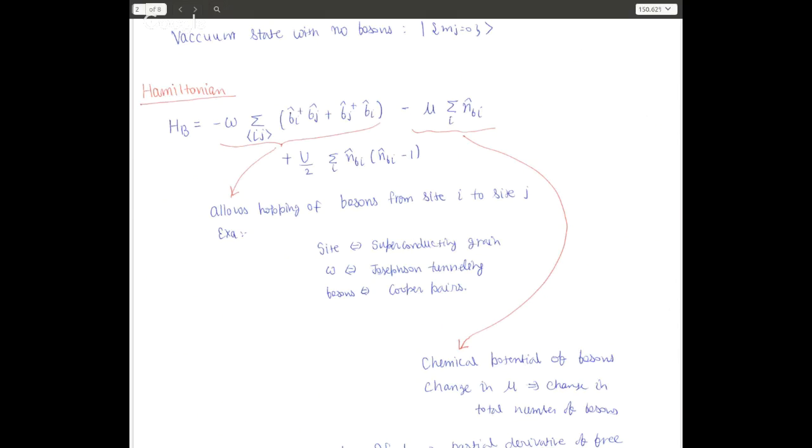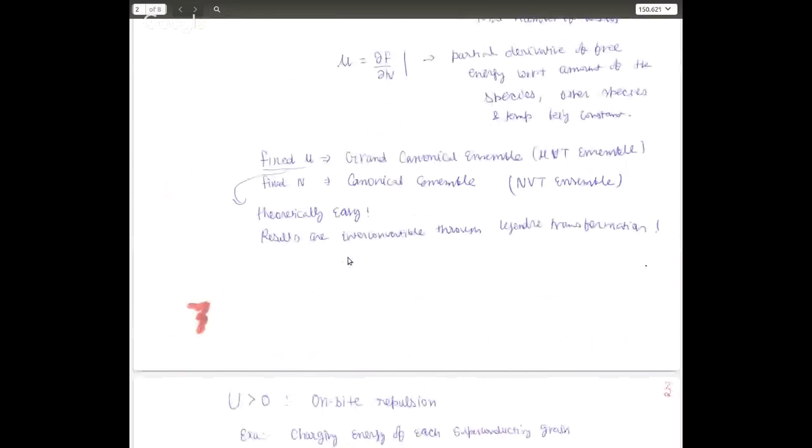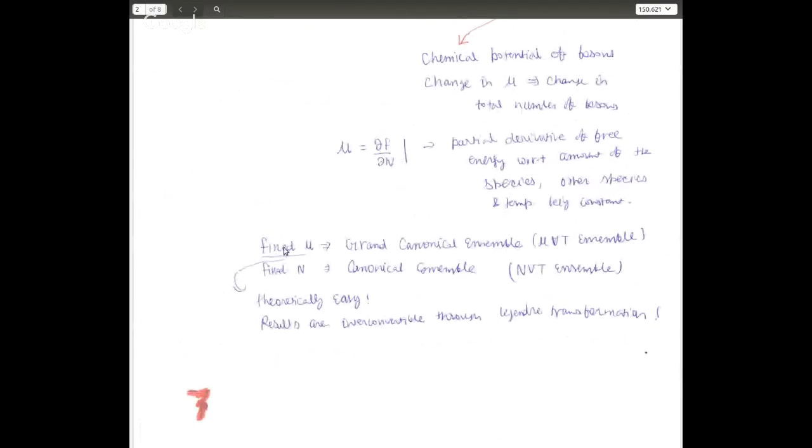Okay, so is everything clear, Atul? Yeah, clear. Okay, so this is how we define the Hamiltonian. You can have a case where mu is fixed, and a case where n is fixed, and I will leave it to you to figure out that you get different kinds of ensembles.